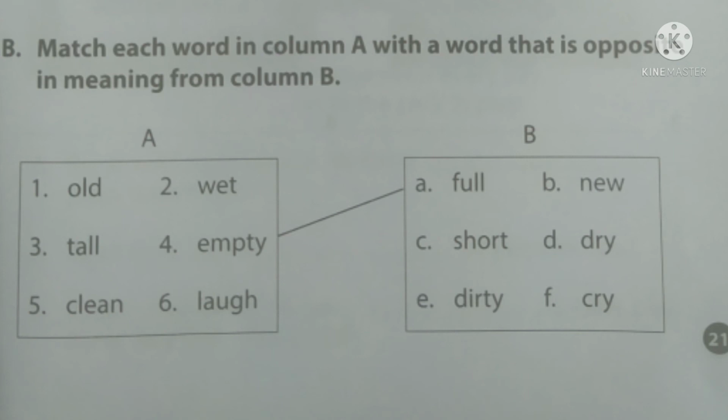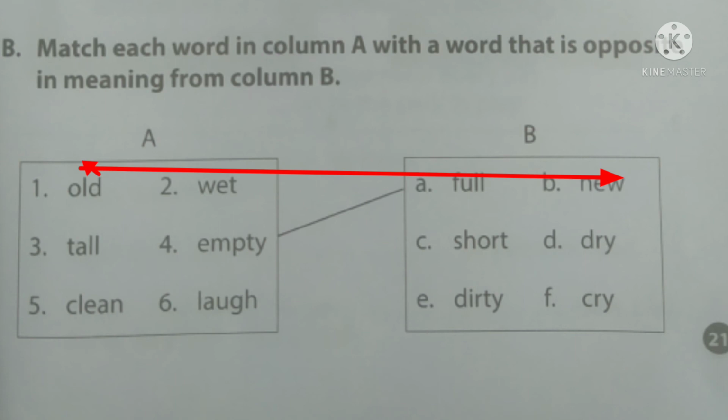And in column B, you can see the opposites of words from column A. You have to find out the opposites and match it. Shall we do? Yeah. First one, old. What is the opposite of old? You can find the answer in column B. What is it? Yeah, new.